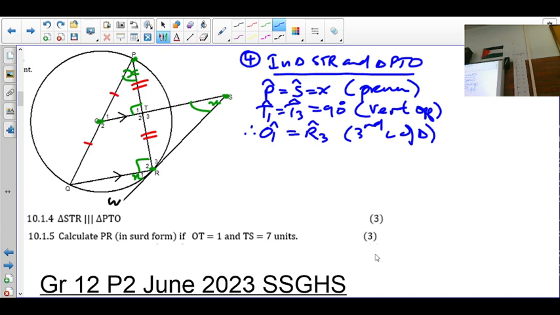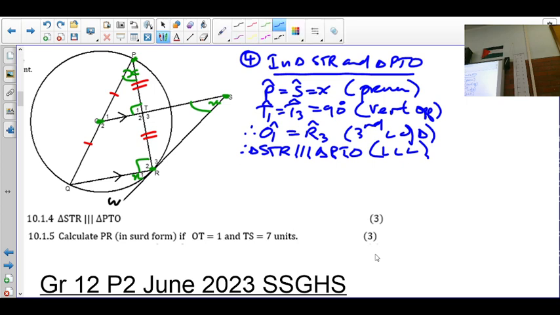Okay. So therefore, triangle STR is similar to triangle PTO. Let's see if the letters are in the right order. So it's S, T, R, so it must be P, T, O, yeah, it's correct. Why? Angle, angle, angle. That's the only way you can prove similarity if given angles. If you're given sides, then you prove the sides are in proportion.